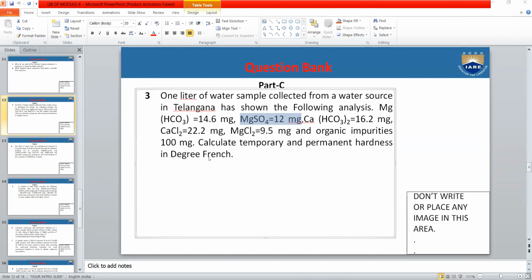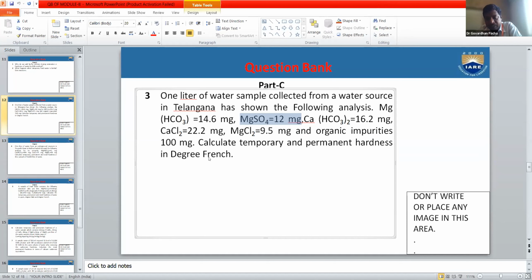What is the relationship between ppm and degree French? 1 ppm equals 0.1 degree French. That is the relationship between the hardness of the water in ppm and the degree French.